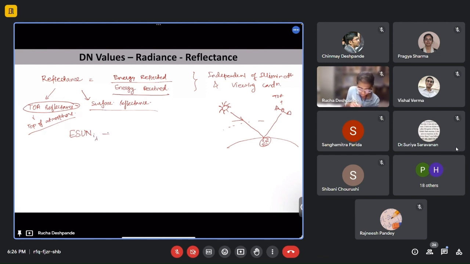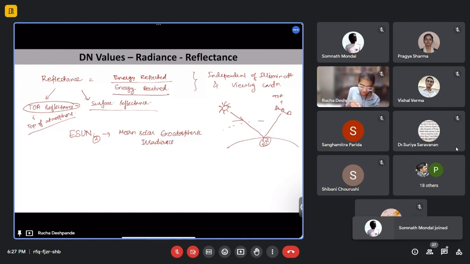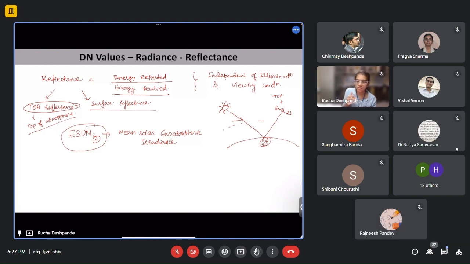This is specific for each wavelength, and this is the mean solar exoatmospheric irradiance. This value is given in the metadata itself, or this value is known. It's previously defined for each wavelength.